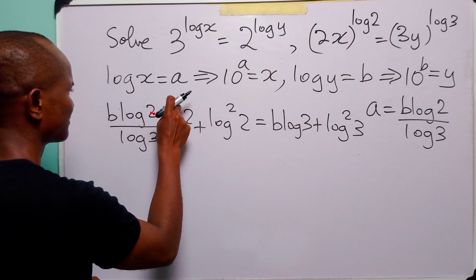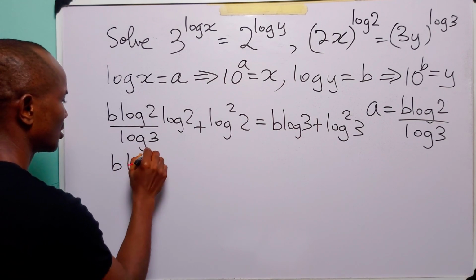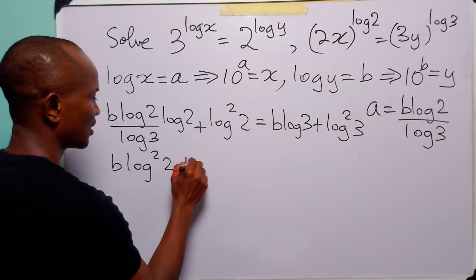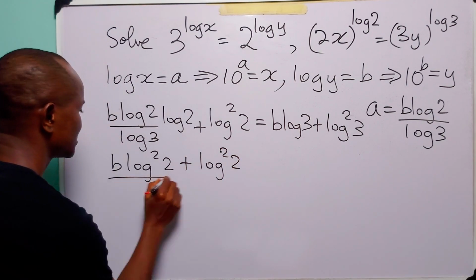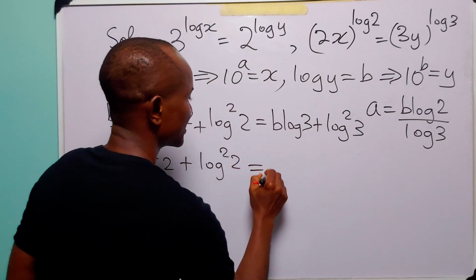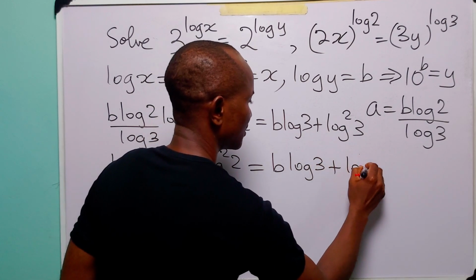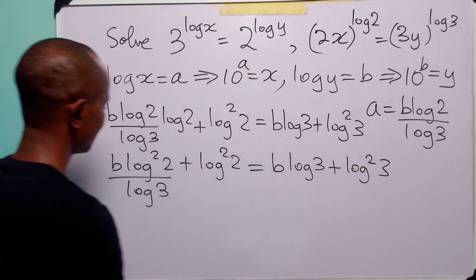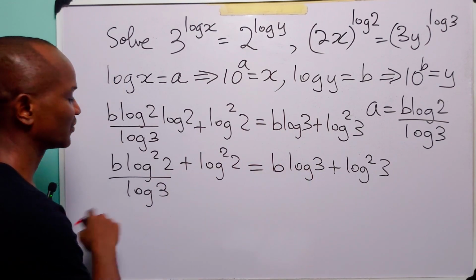And of course, log 2 times log 2 is log²2. So here we have b log²2 plus log²2. This is over log 3 is equal to b log 3 plus log²3. Now let us bring this b term over to the left hand side of the equation.